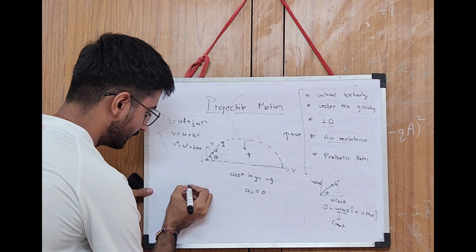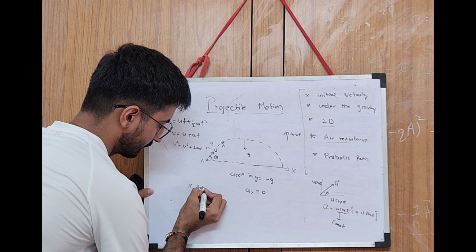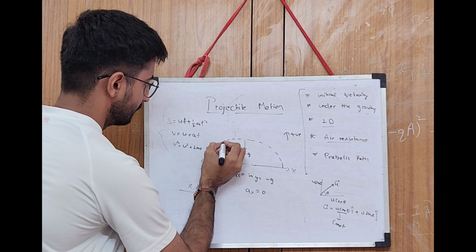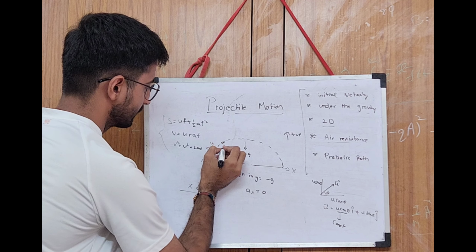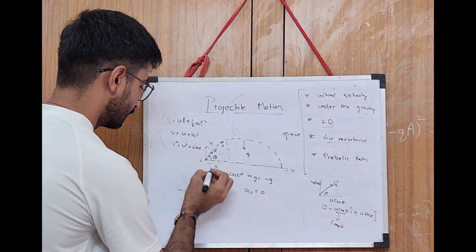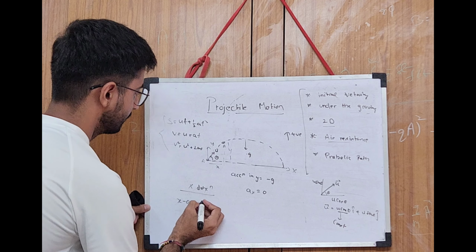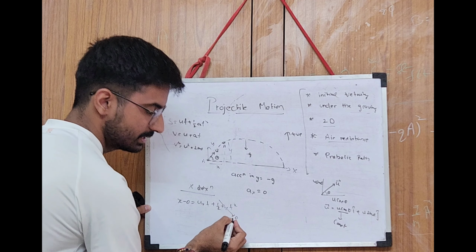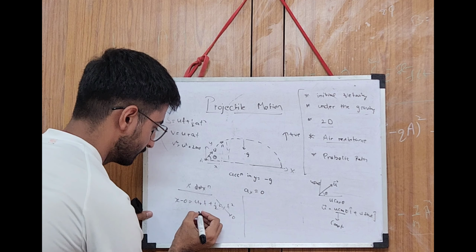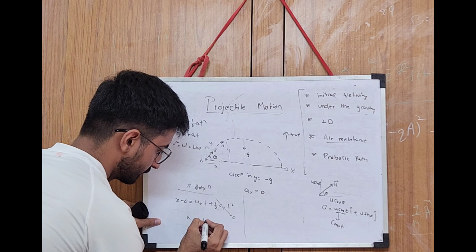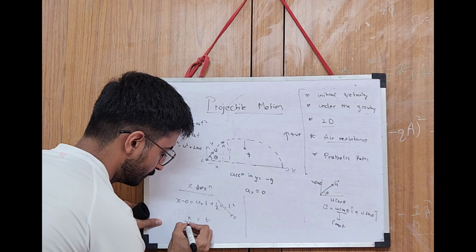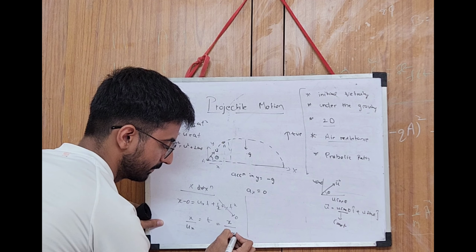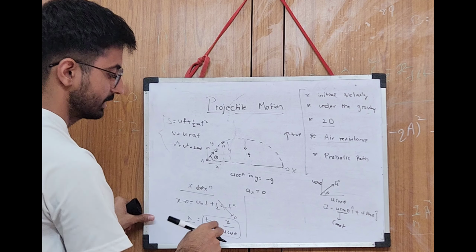In the x direction, final minus initial, so our object is here, it is x and this is y, equals ux t plus half ax t square. We know ax is 0, so t is equal to x upon ux, and ux is u cos theta. So we get the t value as x upon u cos theta.